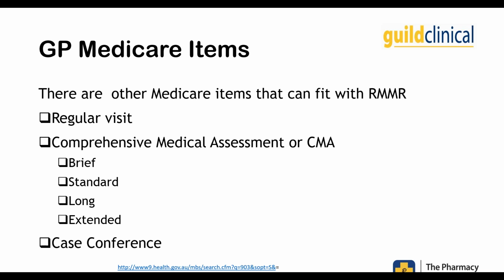RMMR can be the result of a CMA and lead to the case conference. But what can happen is that sometimes this RMMR can start the CMA. That helps the doctor complete the annual CMA, and also it can lead to the GP actually adding to the care plan at the facility.